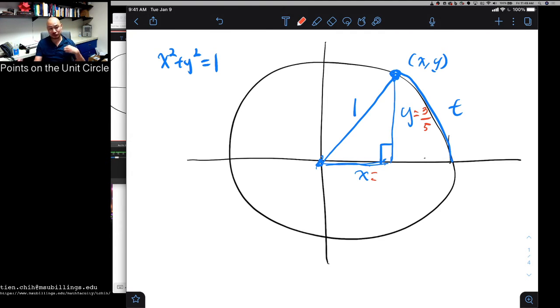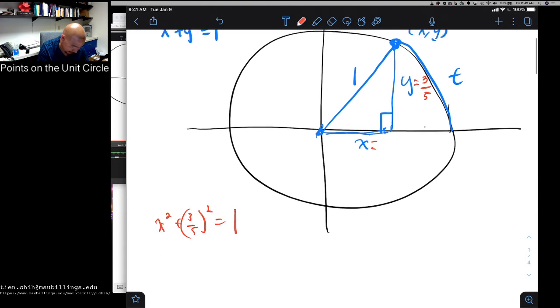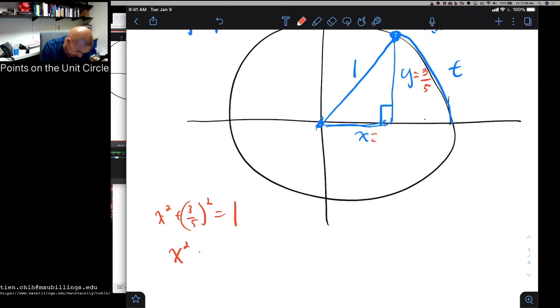And so if my y value is 3/5, what I do know is that I can come over here and say, all right, x squared plus 3/5 squared is 1, right? And in other words, x squared is 1 minus 9 over 25, which is 16 over 25. And that x is equal to plus or minus root 16 over 25, which is plus or minus 4/5.